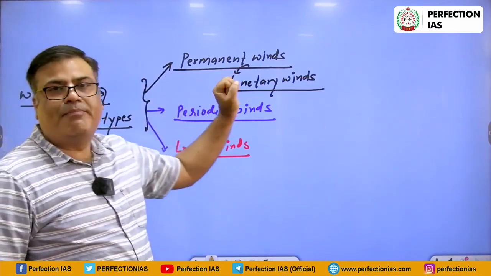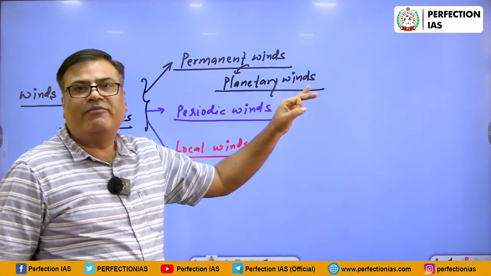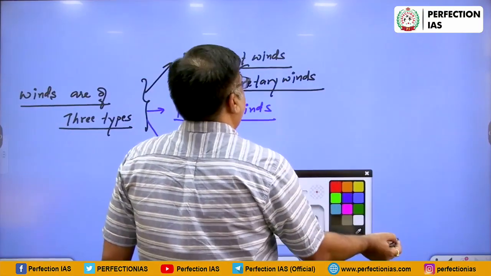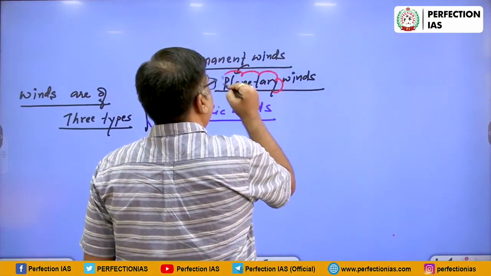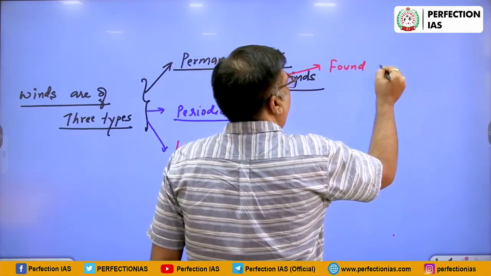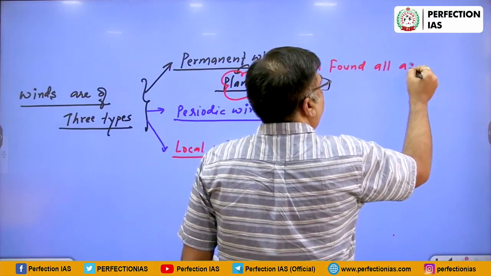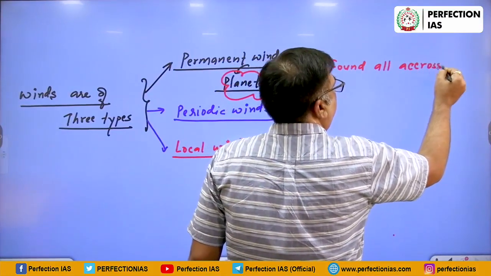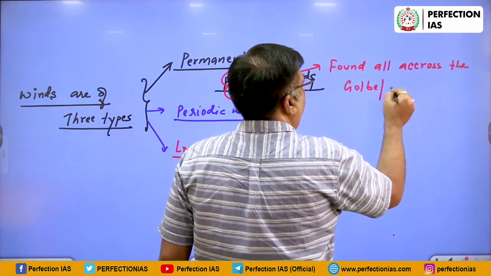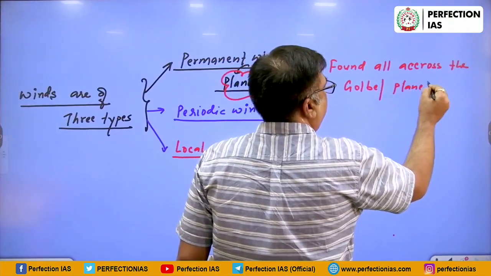When we talk about the permanent winds or the planetary winds, as the name suggests, planetary means found all across the globe or planet.